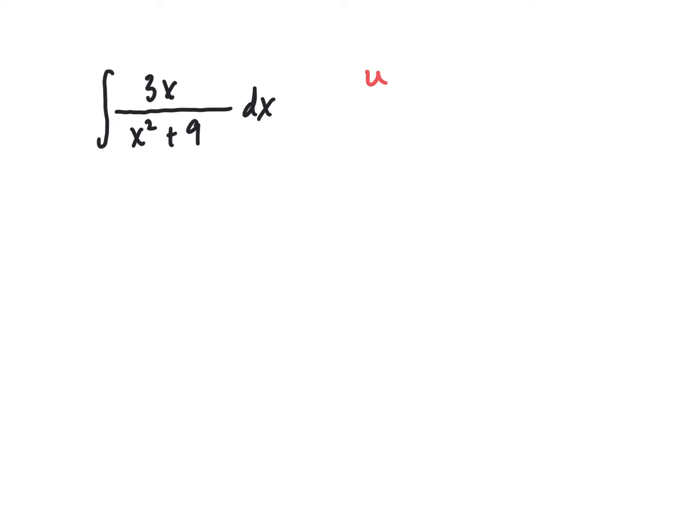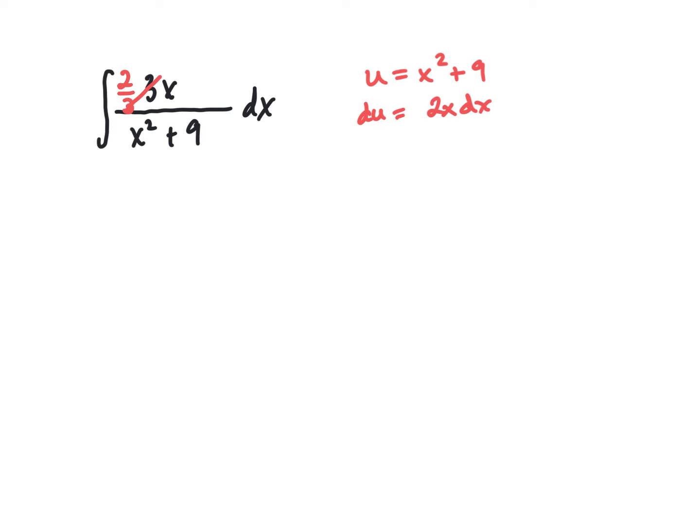So let's make u x squared plus 9. The derivative of that is 2x dx. Again, I'm so close in that numerator. I have a 3x dx. Now, if I could just make it a 2, I'm going to multiply this by 2/3, so then the 3's will just divide out.